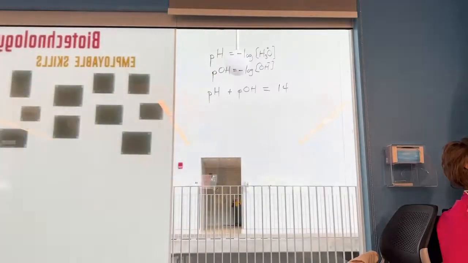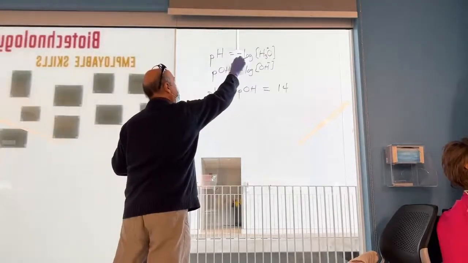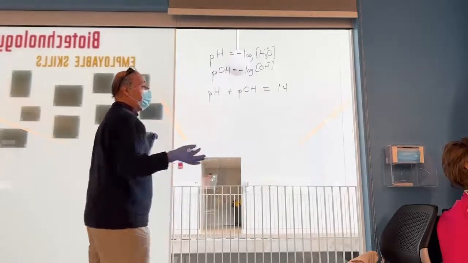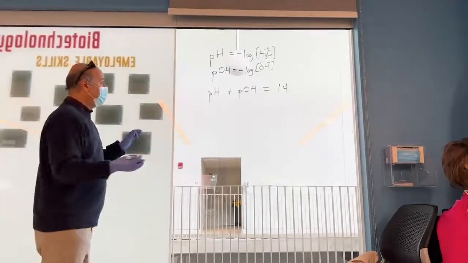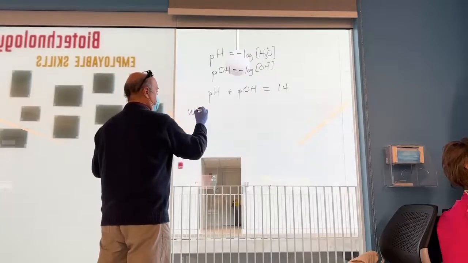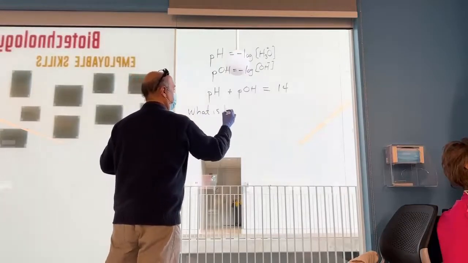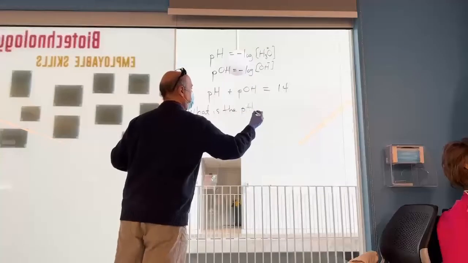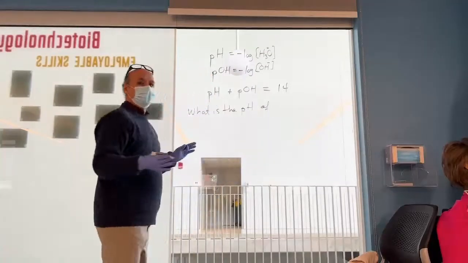Yes? I think I've seen this on the homework. Can you calculate negative log by doing log of that number and then changing the sign? Yes. So if we calculate this, in fact, let's do it, Stanley. Let's do an example. So let's say that I ask you, what is the pH of an aqueous solution of acetic acid?